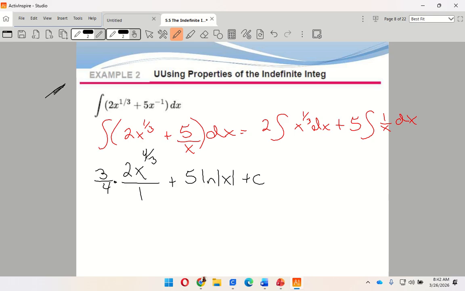All right, I can simplify over here, so that's going to give me 3x over 2 plus 5 ln of x plus c.